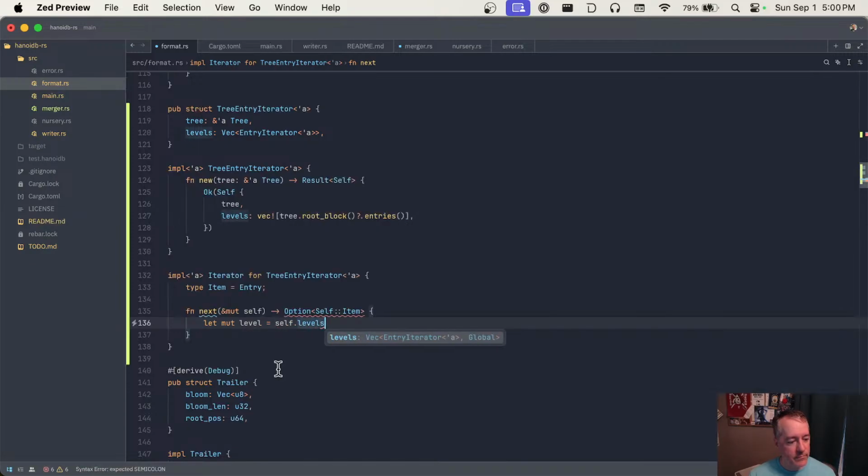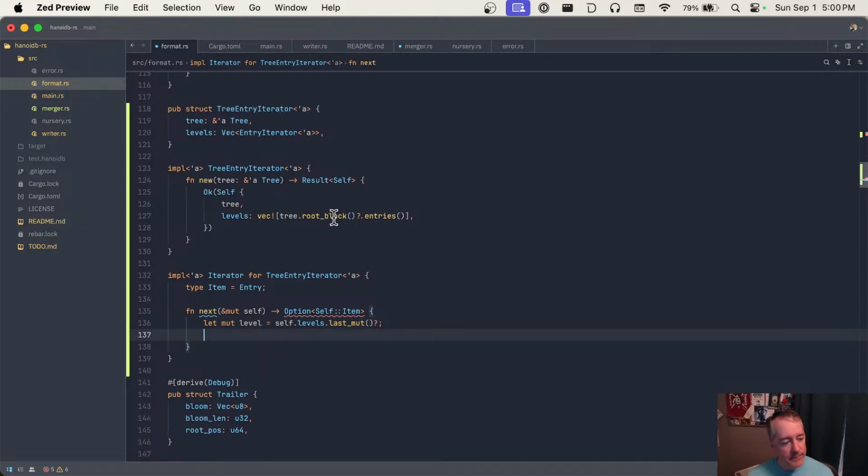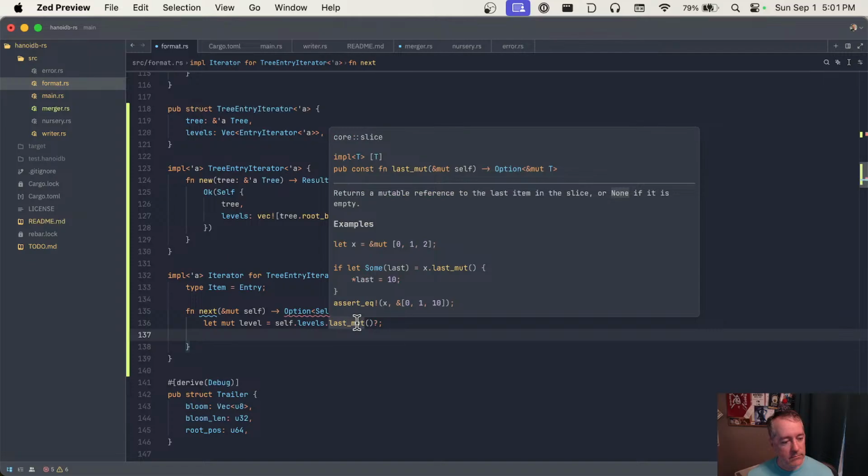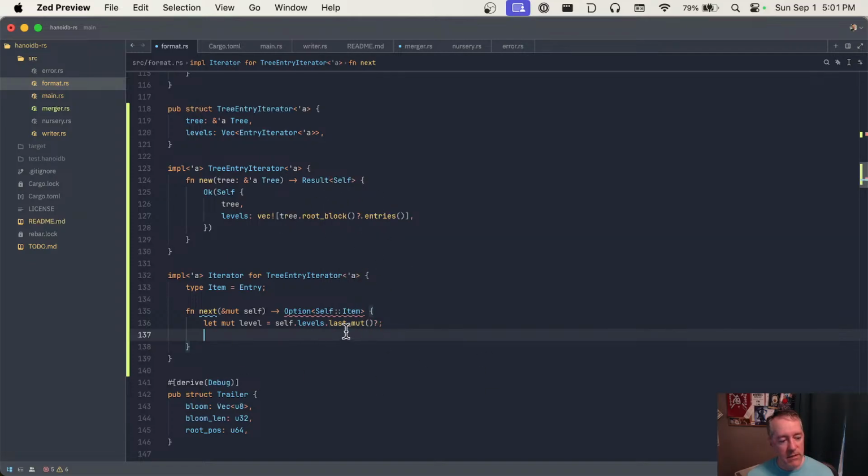Okay, so if we have an iterator in there, obviously if there's nothing in there, then we've completed and it should end, right? It should end iterating. This is the hard thing about lazy iterators. You have to think about all the intermediate states.